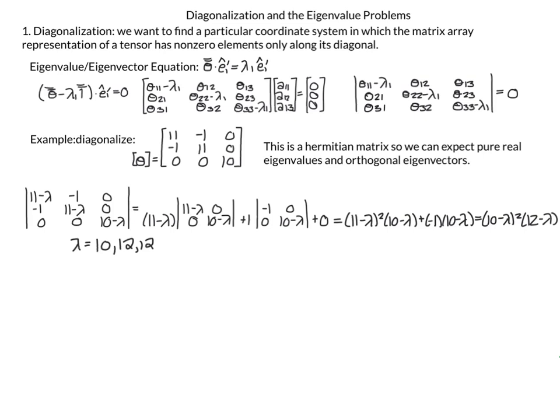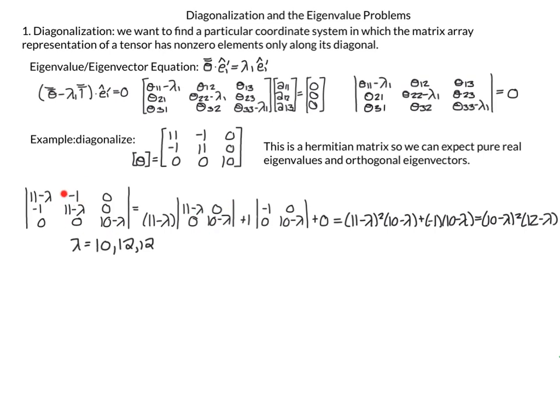Then, to take the determinant, I expand across the top row, and I start with my first element, so that's 11 minus lambda. I cross out the rest of the top row and first column, and I take the determinant of what's left, which is 11 minus lambda, 0, 0, 10 minus lambda.